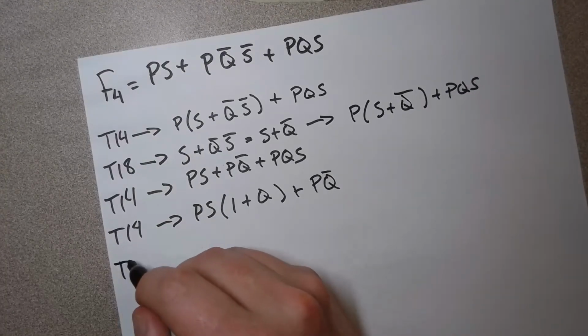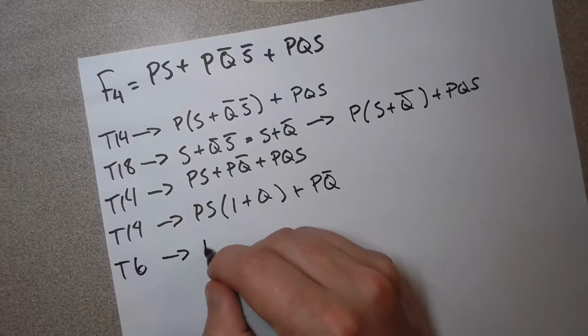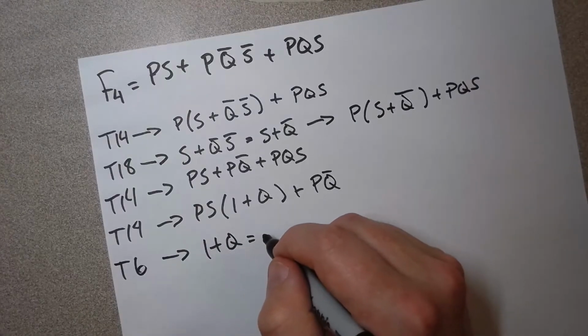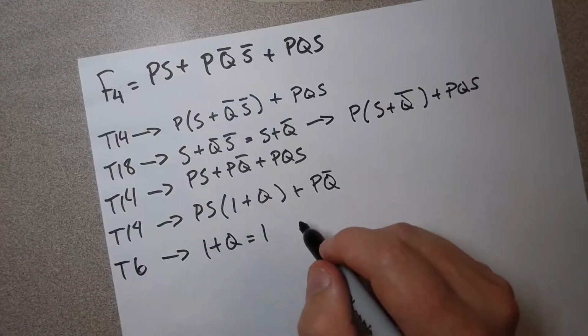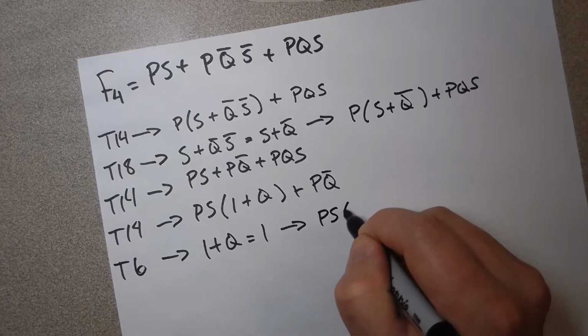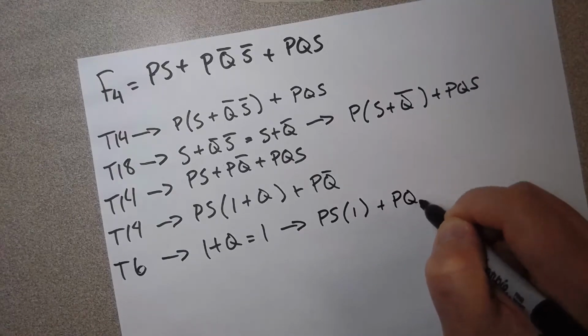Then we use theorem 6. We know that 1 or q is just going to be equal to 1. So if we go back over here, that gives us ps and 1, or p and not q.